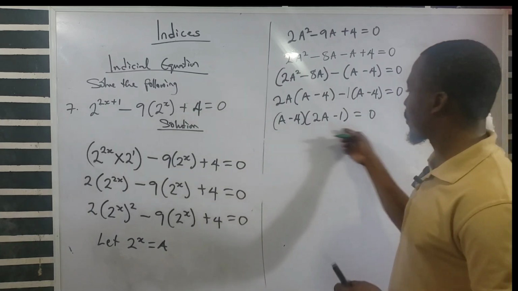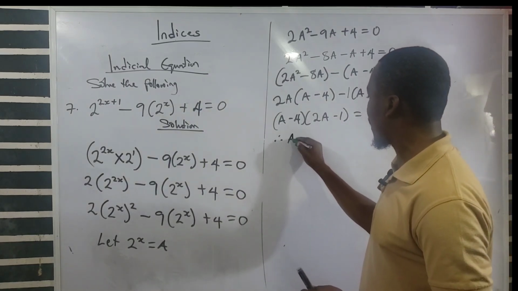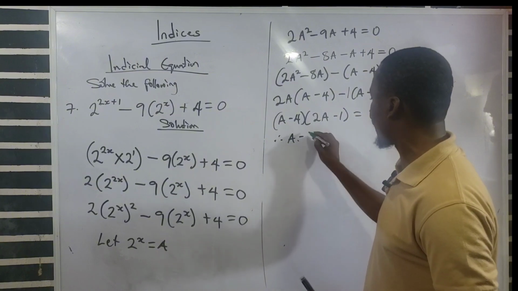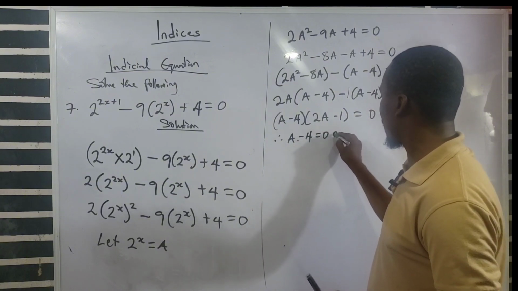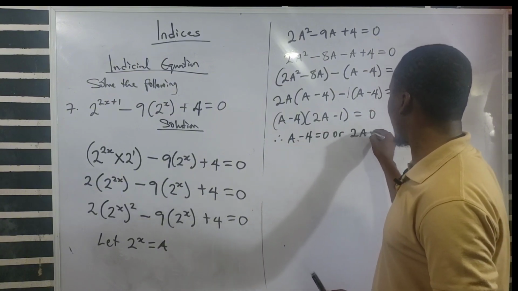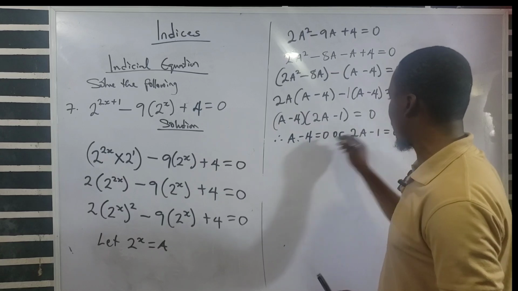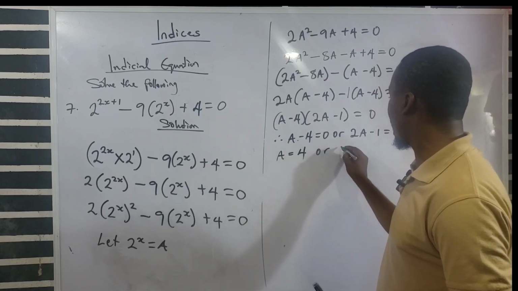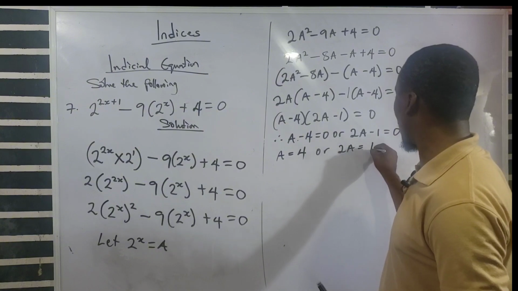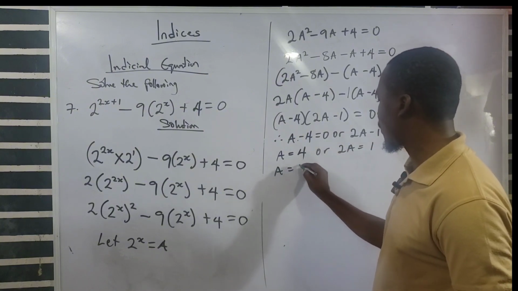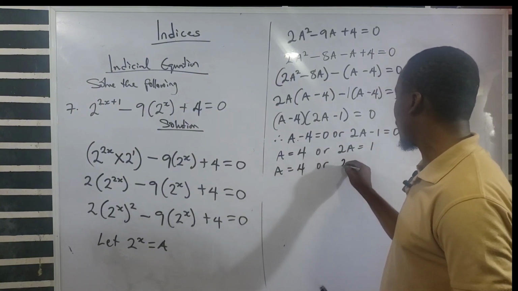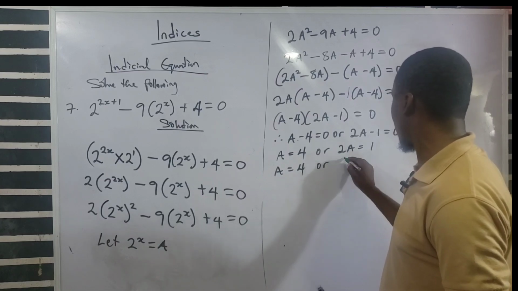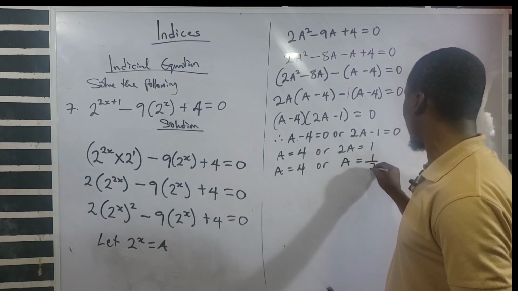So solving further, therefore, a minus 4 equal to 0, or 2a minus 1 equal to 0. So a equals 4, or 2a equals 1. So a equals 4, or a equals 1 over 2.